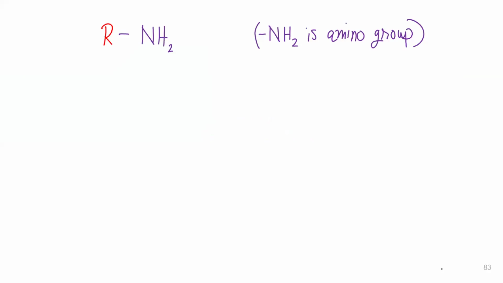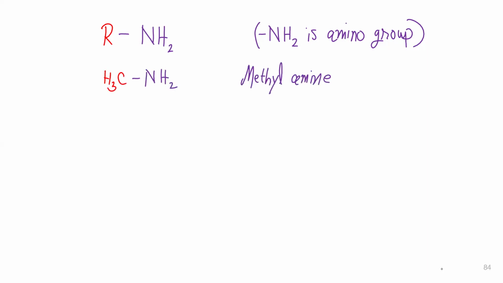Done. Now, look at the formula, Mikhail. First of all, RNH2. NH2 is the amino group. This is the general formula. RNH2 is called amines. This is called amine.